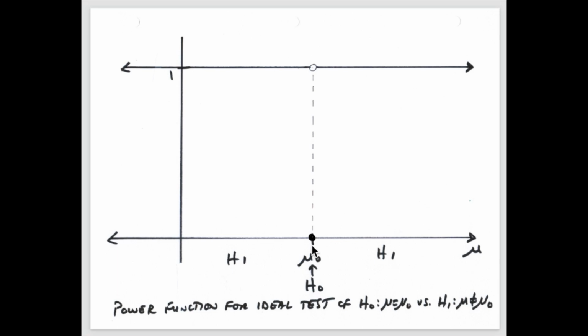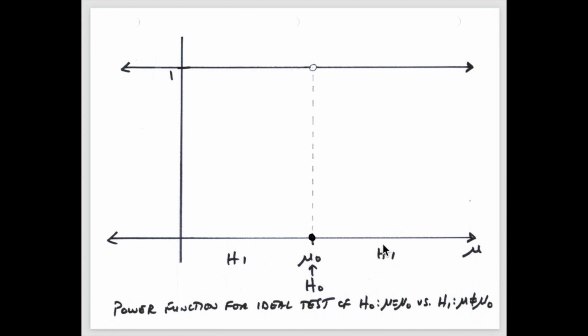And so the ideal test would never reject a true null hypothesis. And so the corresponding probability of rejecting that true null hypothesis would be 0. All right, and so that is why the probability of rejecting the null hypothesis is 0 right here when mu is equal to mu sub 0.